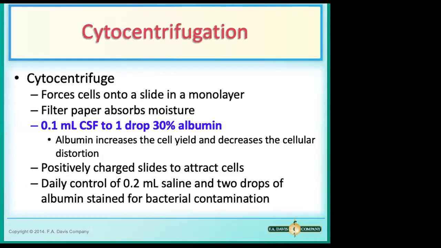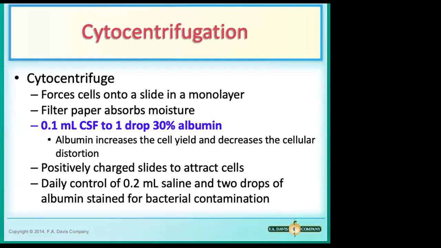All right, so this is cytocentrifugation. It forces the cells into a slide in a monolayer, and the filter paper that is included absorbs the moisture. So you'll put 1 mL of CSF to 1 drop of 30% albumin, and albumin tends to increase the cell yield and decreases cellular distortions. It's helpful for the counts and for the identification of the cells.